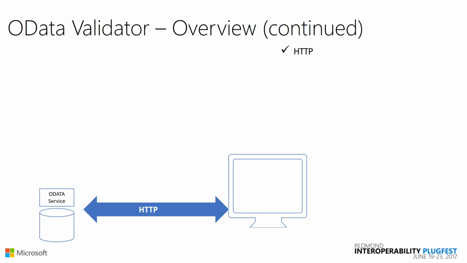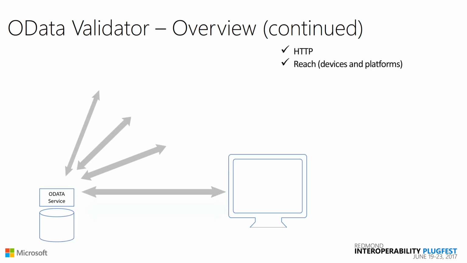The OData service recognizes it, but of course HTTP has been extended here, which is why we don't simply say HTTP, we're talking about OData because of the extensions that have been added to it. Well, if HTTP is familiar and understood by a whole bunch of devices, that means you have a whole range of devices with which you can work as far as OData and apps that use OData.